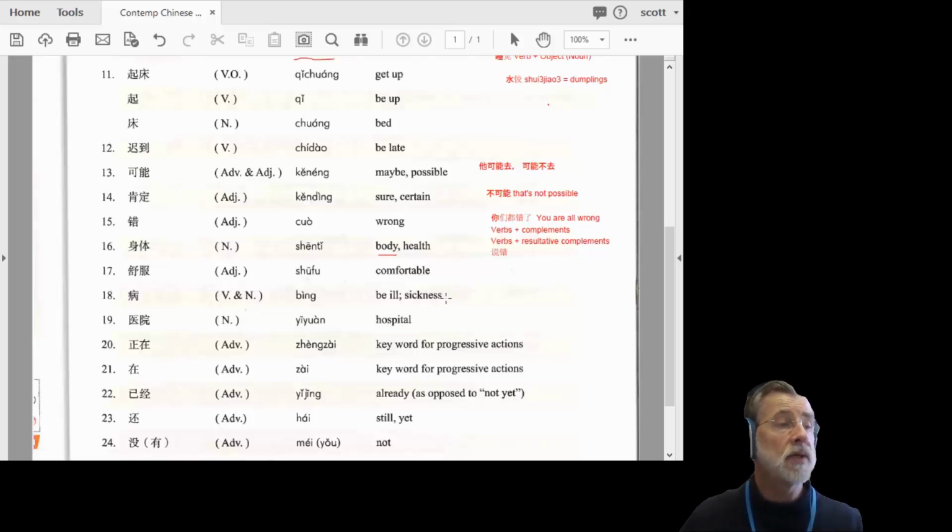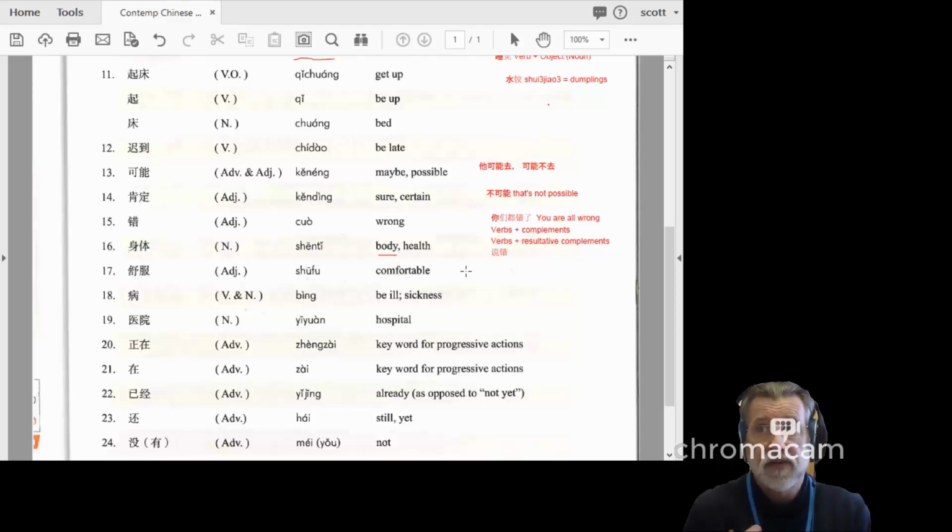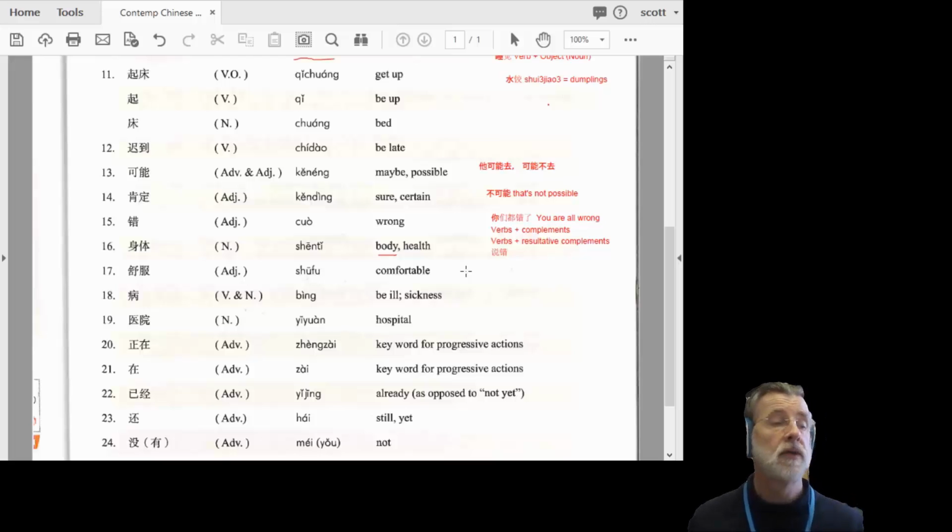However, you can combine it with words like the next one, comfortable, which in Chinese is 舒服. Now that's an adjective. So, for example, if I want to say I'm comfortable, 我很舒服. If you want to say I'm very comfortable, 我非常舒服.